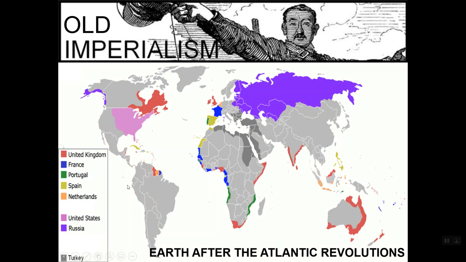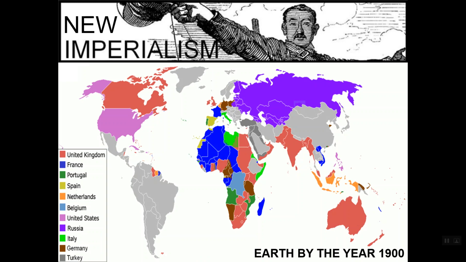Latin America. Then we get the revolutions, right? Once the revolutions hit, you still have this area held by Great Britain. And once again, they continue to stay around the coast, but cannot seem to penetrate inland for many reasons, right? This is the new imperialism.